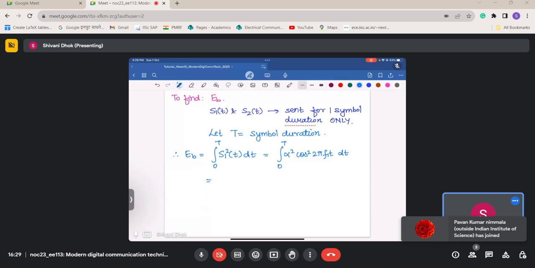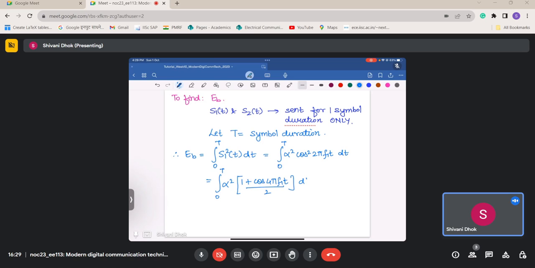So this comes out to be integral 0 to T alpha square, this cos square 2 pi f1t I can write as (1 plus cos 4 pi f1t) by 2 dt, which is equal to integral 0 to T alpha square by 2 dt plus integral 0 to T alpha square cos 4 pi f1t by 2 dt.